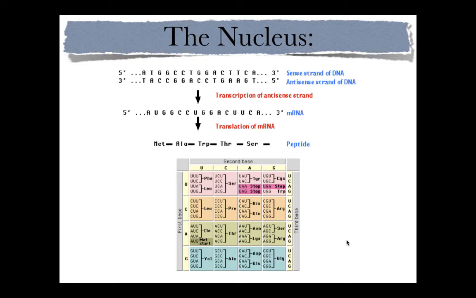So now I have my mRNA, which when it's translated, changes to amino acids, right? So each one of these, remember, are triplet nucleotides that make codons. That codon is recognized by a specific tRNA, and that incorporates the appropriate amino acid into the sequence.